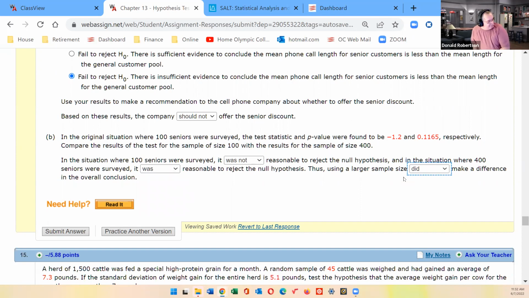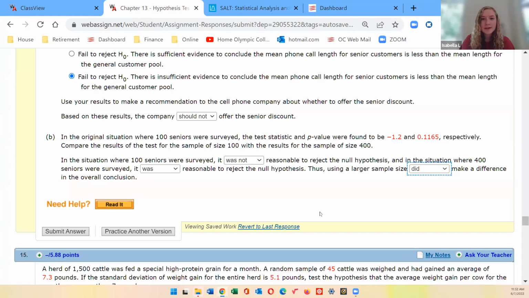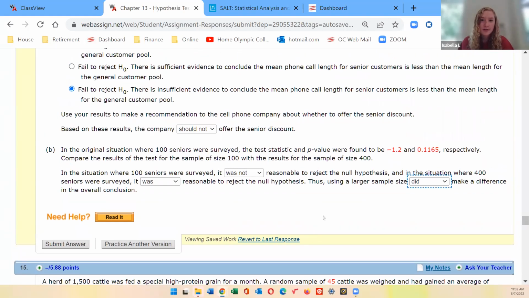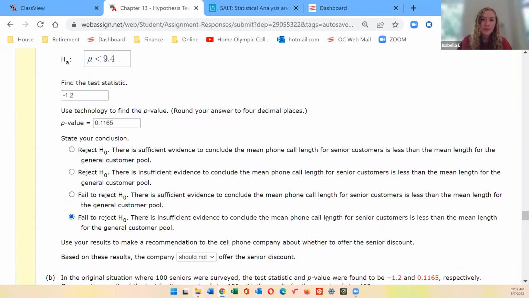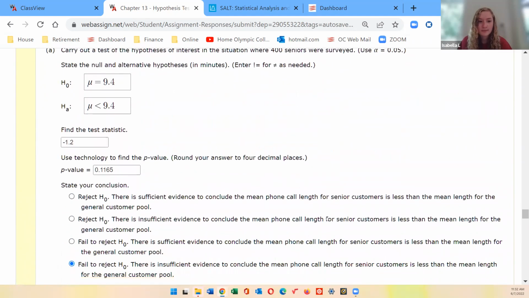Pretty sure I got the sentence the right way around. The first one was a bit tricky in my head because "not reject" something kind of threw me. Professor? Yes. In part A, it's actually asking for 400 seniors in the sample, so the answers for 100 are incorrect. Oh.